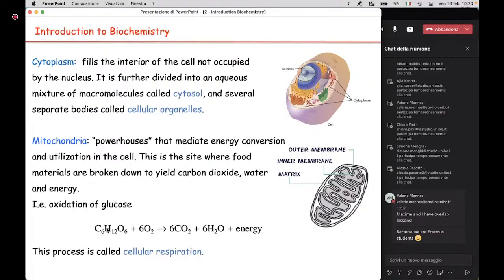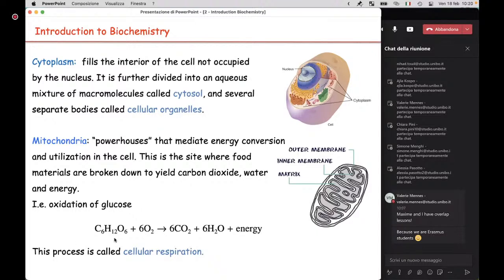And this oxidation reaction is coupled to the release of energy. Of course, energy is not produced in any way. You know that energy is never destroyed or created, but only transformed.